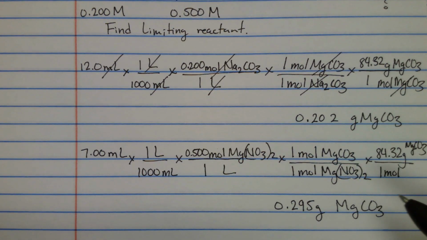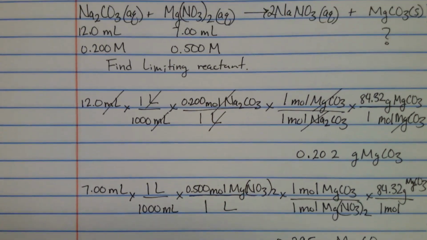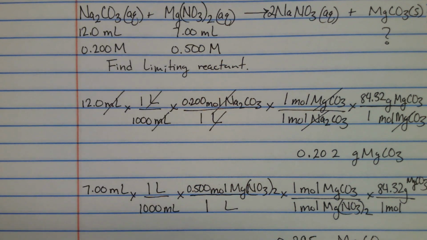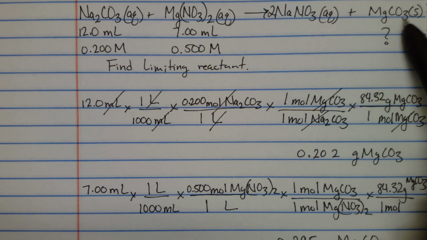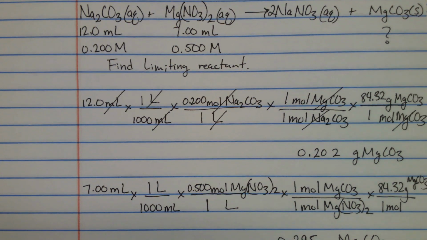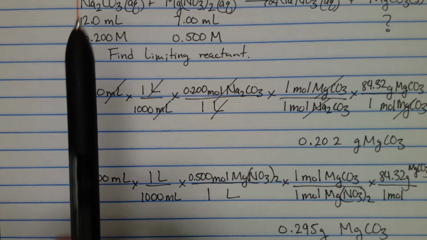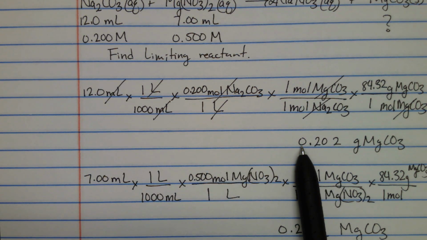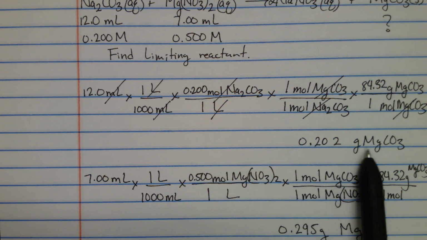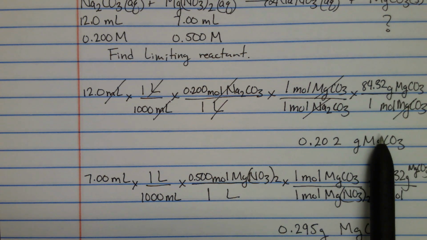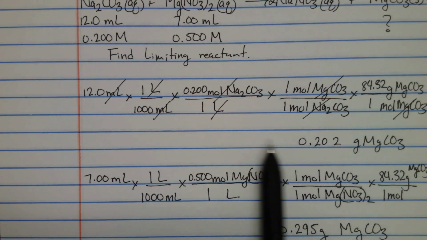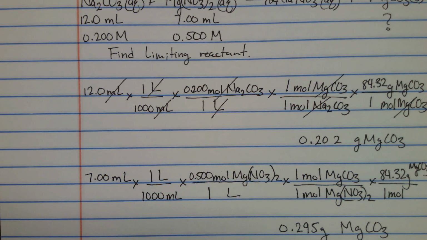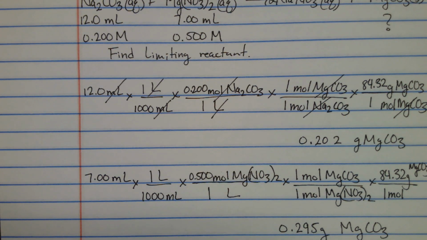There's two answers here. Remember, when the sodium carbonate reacts with the magnesium nitrate, the magnesium carbonate will be produced. Notice that the sodium carbonate can only yield 0.202 grams of magnesium carbonate. Once this is produced, the sodium carbonate is now finished, or at least the carbonate is now gone.